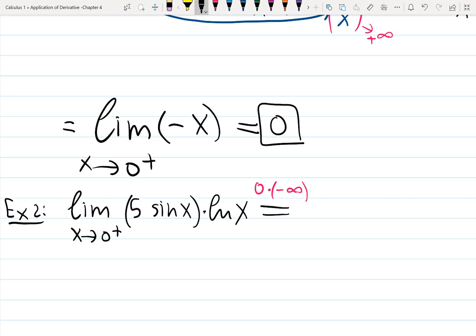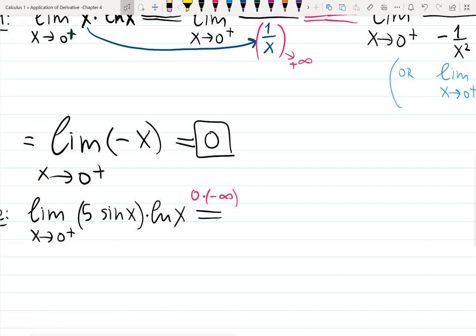Then, if it's 0 times minus infinity case, we have a recommendation now to switch from the product to a quotient in order to use L'Hopital's rule. Well, which function do you want to keep at the top and at the bottom? The recommendation I gave you is, just keep log at the top.